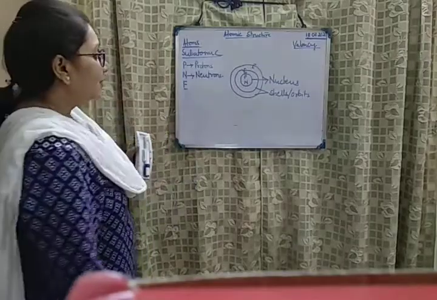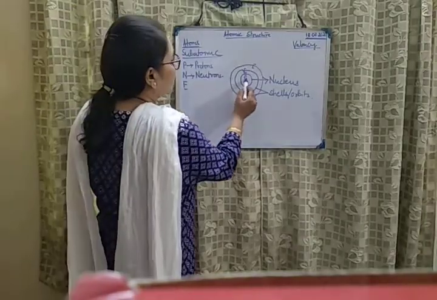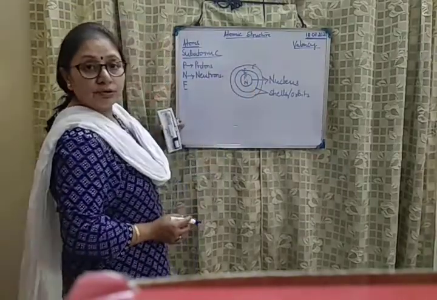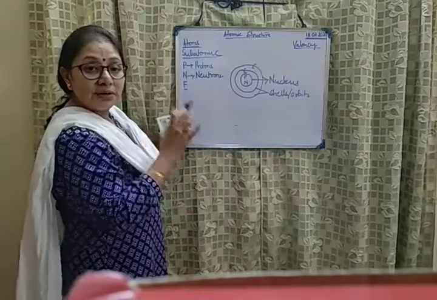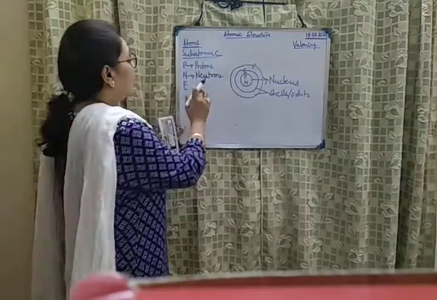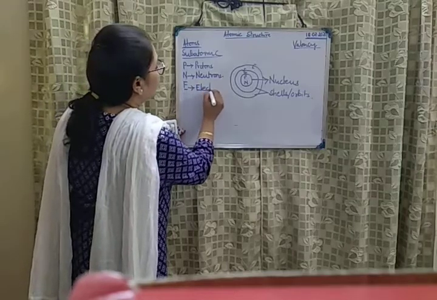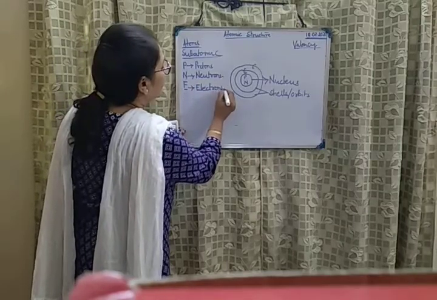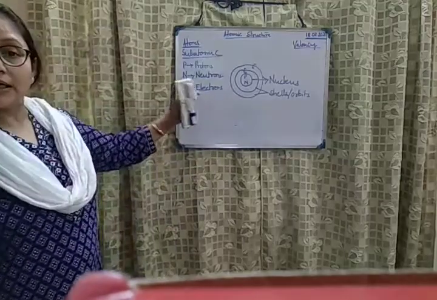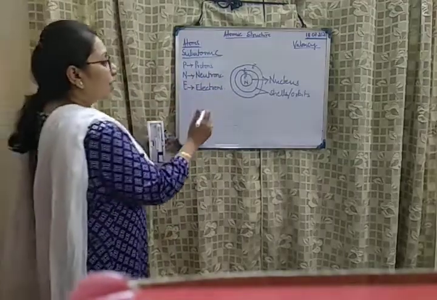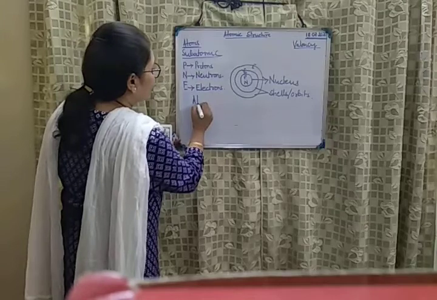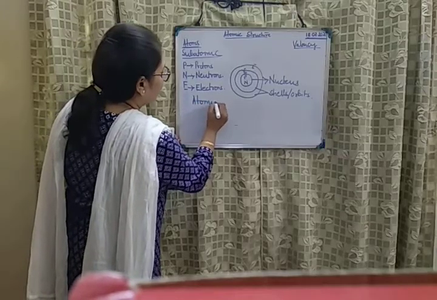Usually in an atom, the number of protons is equal to the number of electrons. When the atom is stable, when the atom is neutral, the protons, which are positive in charge, are equal in number to the electrons, which are negative in charge. The total number of protons is called the atomic number.